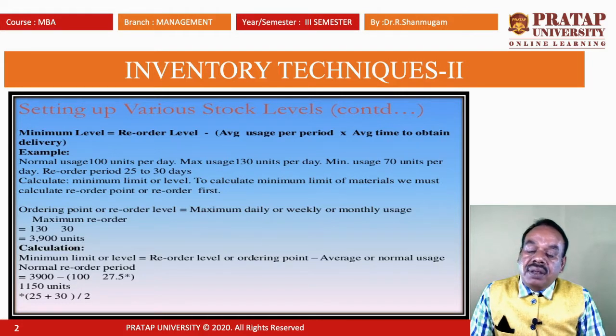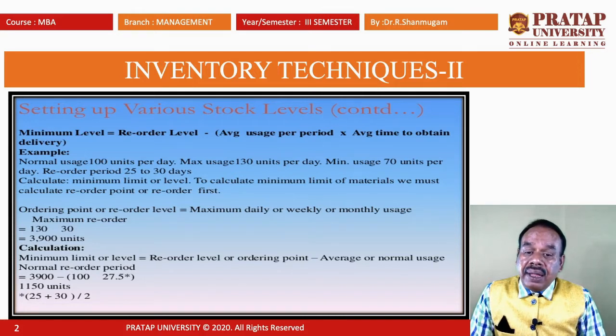So minimum limit or level equals reorder level or ordering point minus average or normal usage into normal reorder period. So 3900 minus 100 into 27.5. How do we get 27.5?